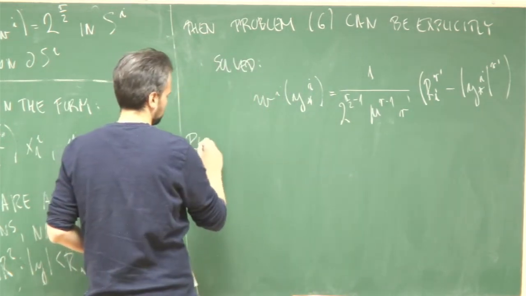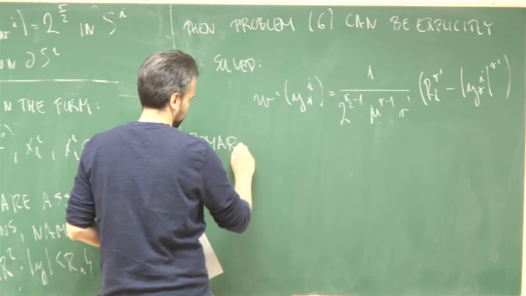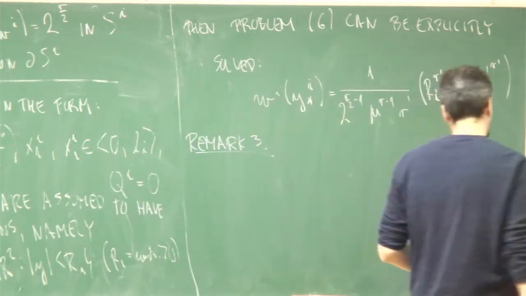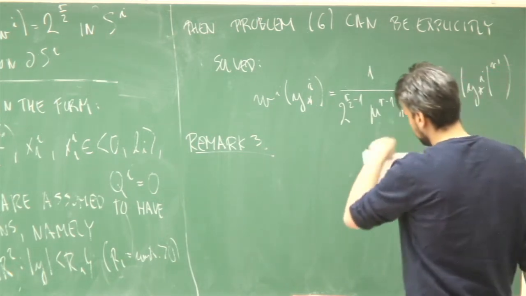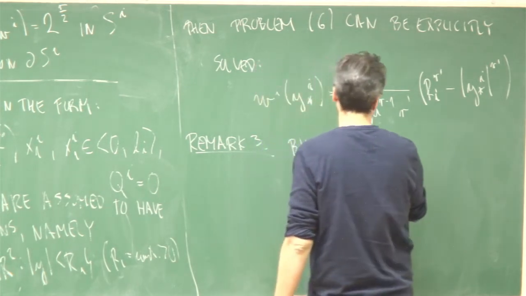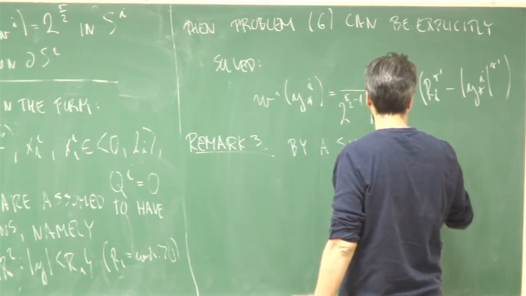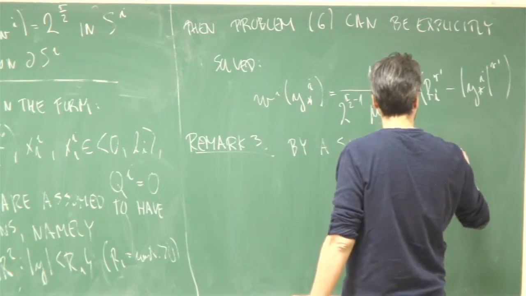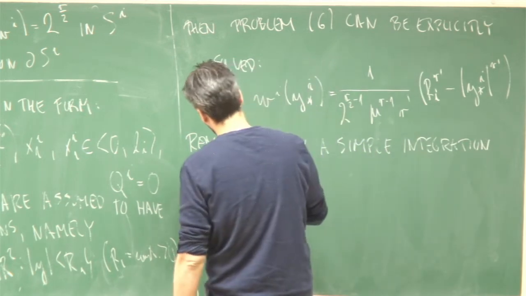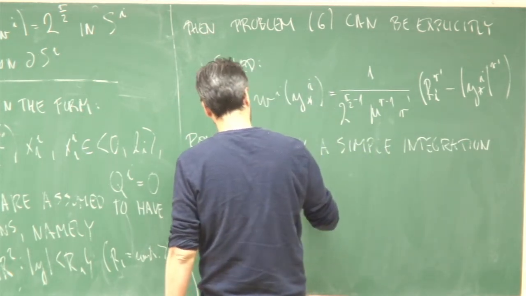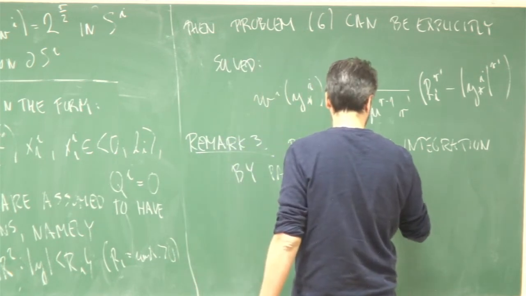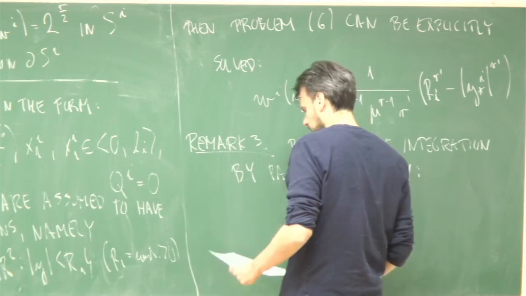Okay, what we'll also need now when we'll consider the Kirchhoff junction rule, you will see why, is the following. So this will be important by a simple integration by parts. We obtain the following.